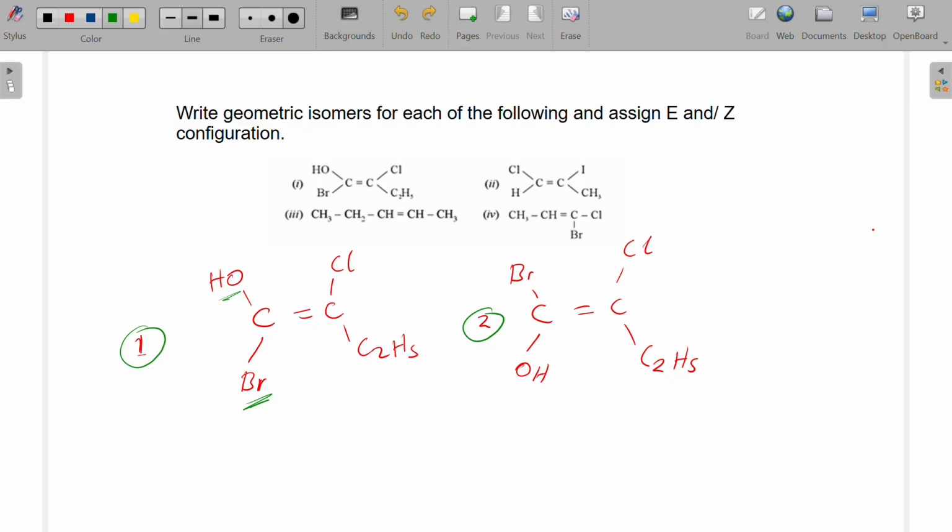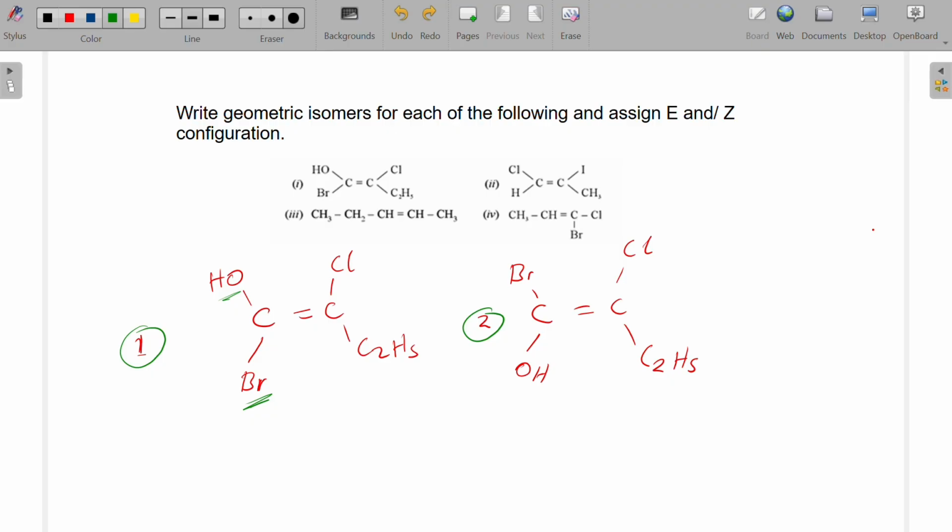So to give configurations, we basically need to give the groups that are connected to each carbon priorities. How do we give priorities? We give priorities according to atomic numbers.